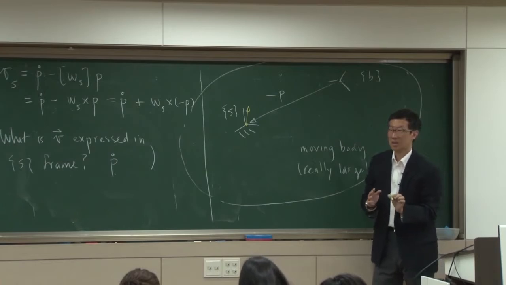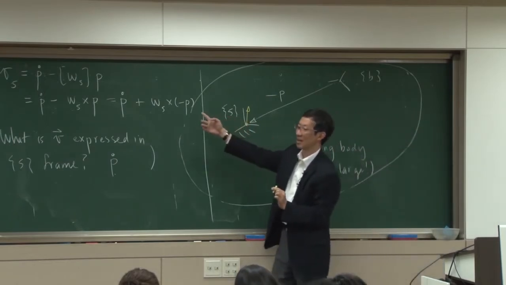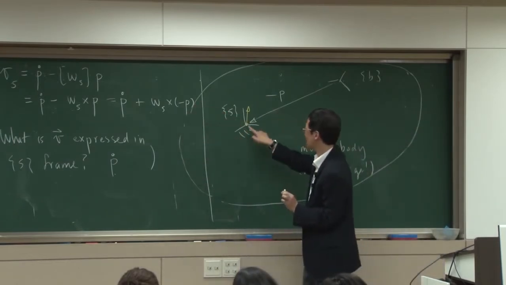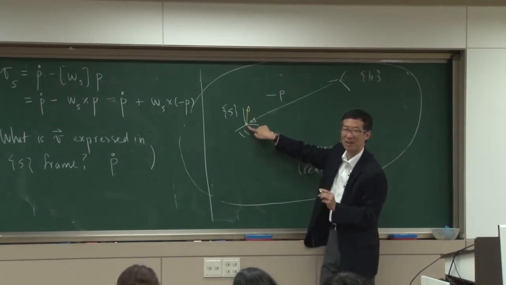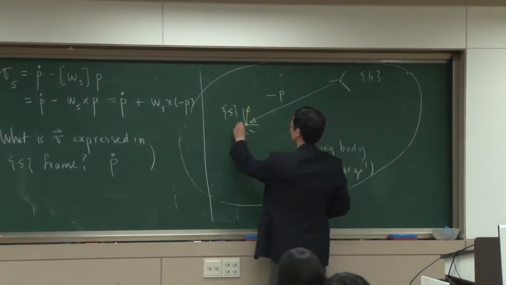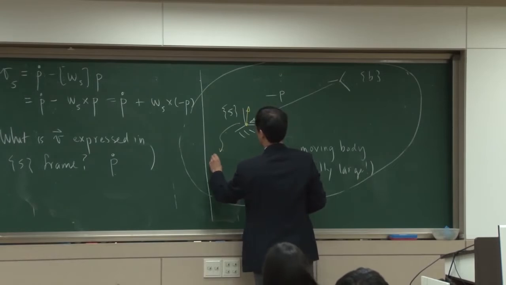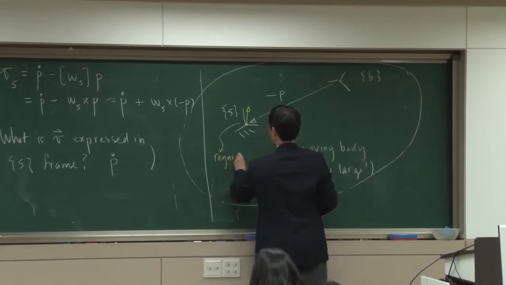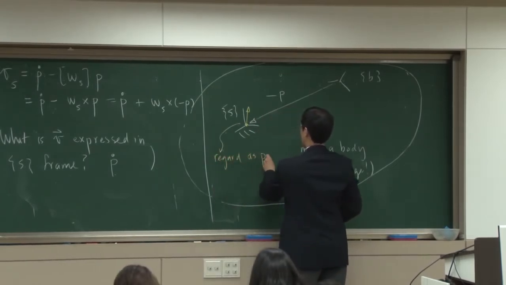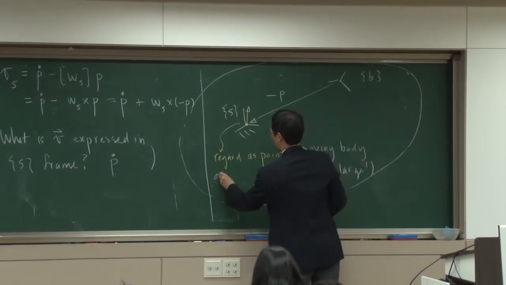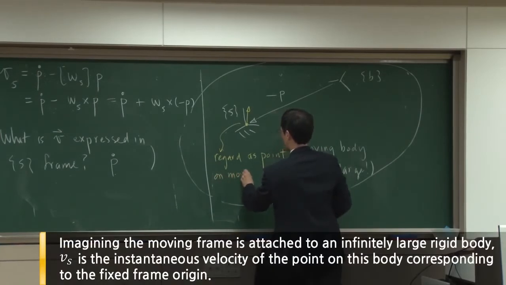This is the velocity of this yellow point. Regard it as a point on the moving body.